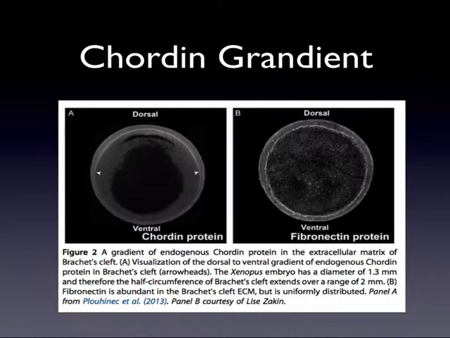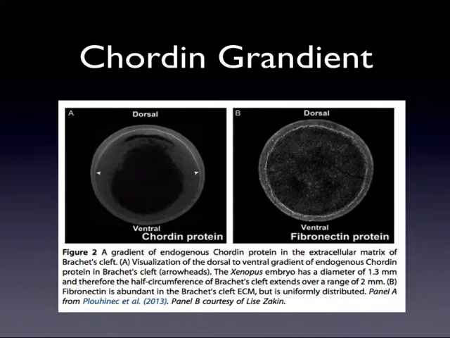It occupies this very narrow little region called Brachet's cleft, which is a little virtual space in between two layers of cells in an extracellular acellular matrix, proteoglycans, collagens, things like that. And there's a definite concentration gradient where it's highest in the dorsal region because it's being expressed near the dorsal blastopore lip in the organizer region, and then it's diffusing out in that extracellular matrix.